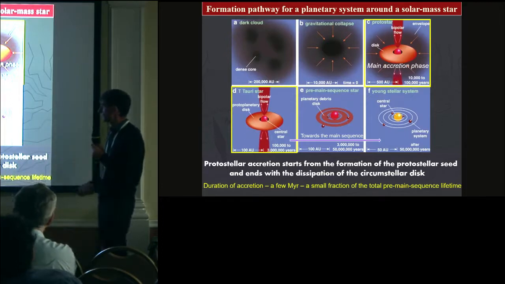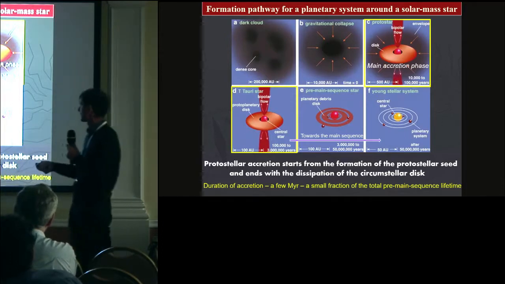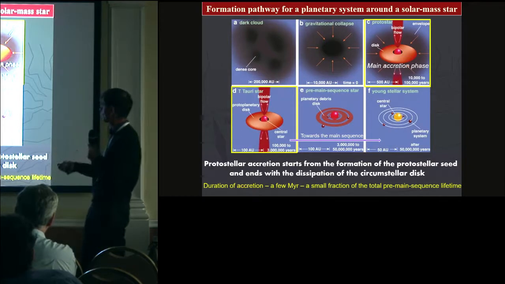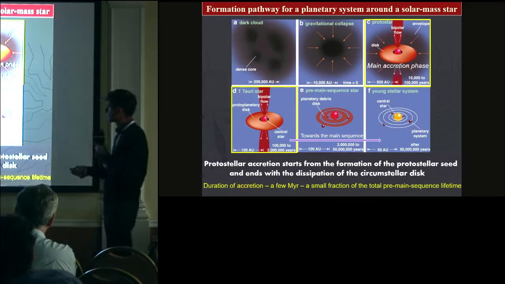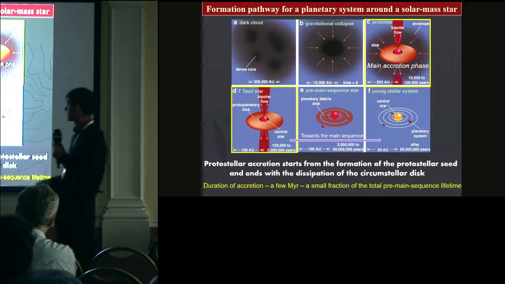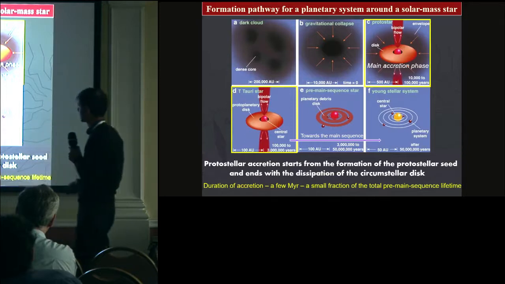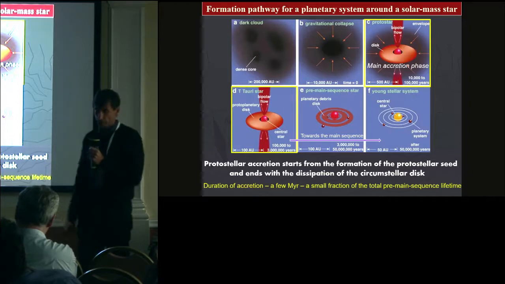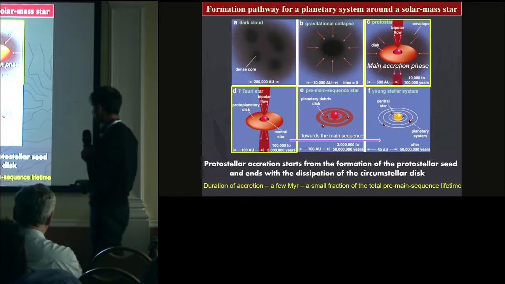And then once the envelope disperses, the system enters the T Tauri stage, where we have a star and a disk, and somewhere here planet formation starts, and we don't really know whether it's here or here. And then once the disk again disperses, the system enters the pre-main sequence stage. And these 2 panels are highlighted, and this is where we have accretion on the protostar.